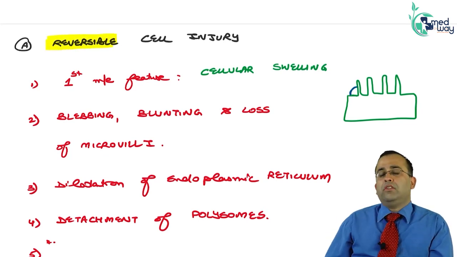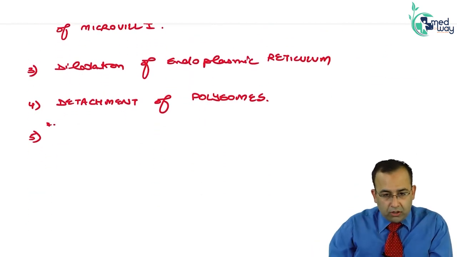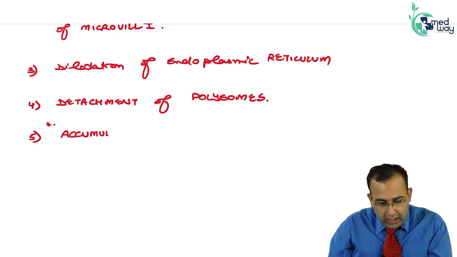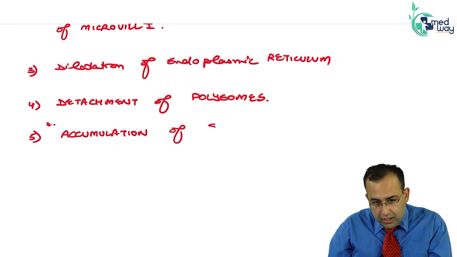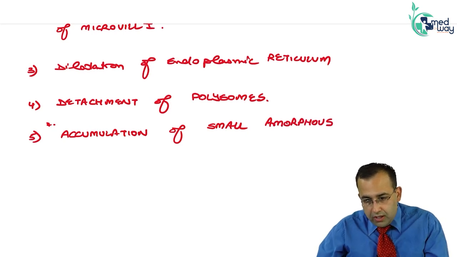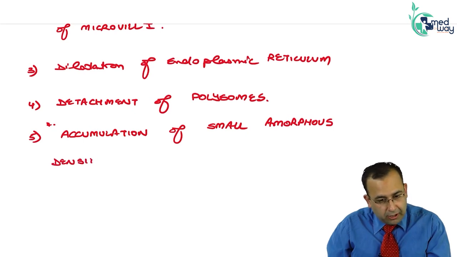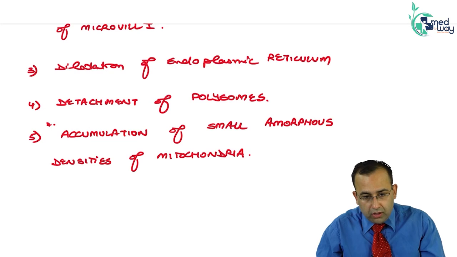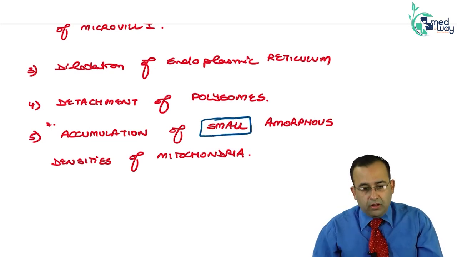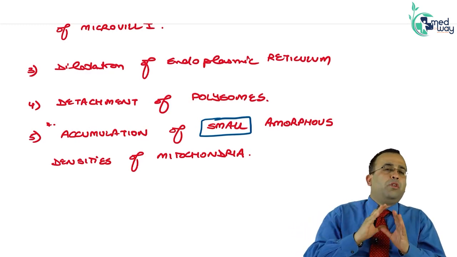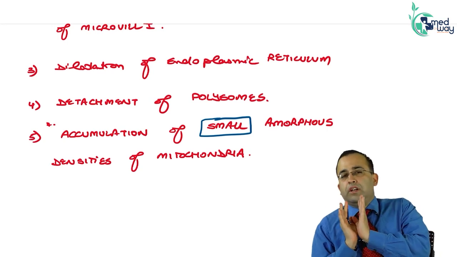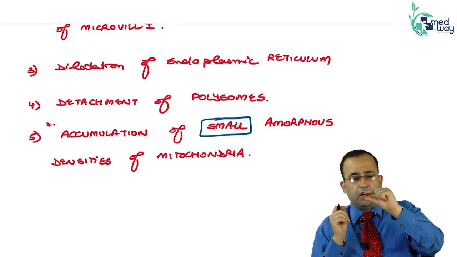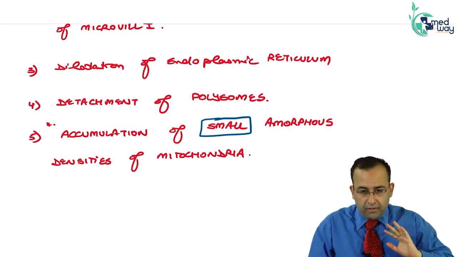Reversible cell injury is also associated with accumulation of small amorphous densities in mitochondria, which is बहुत important है. देखो, अगर amorphous density small है, then it is reversible cell injury.